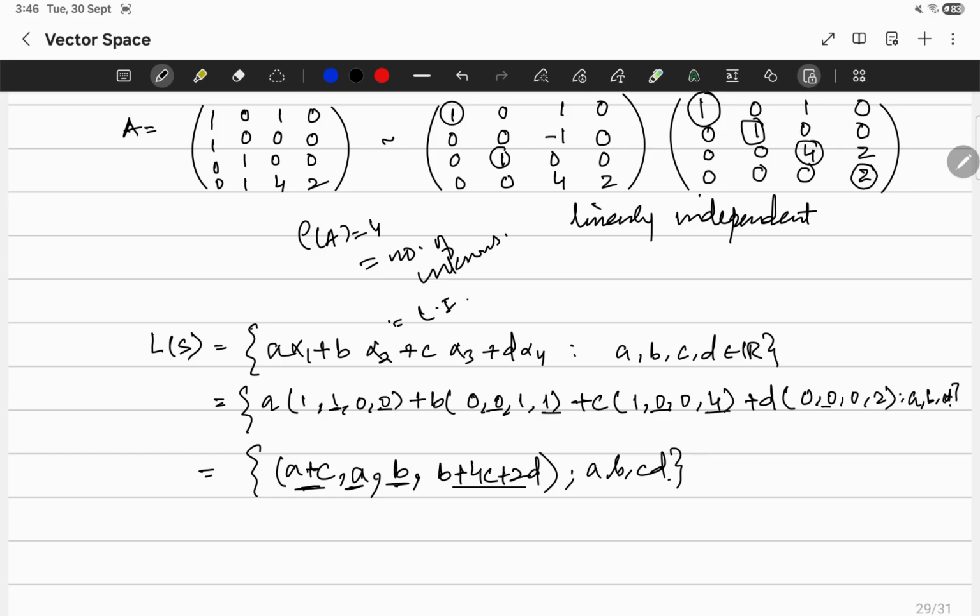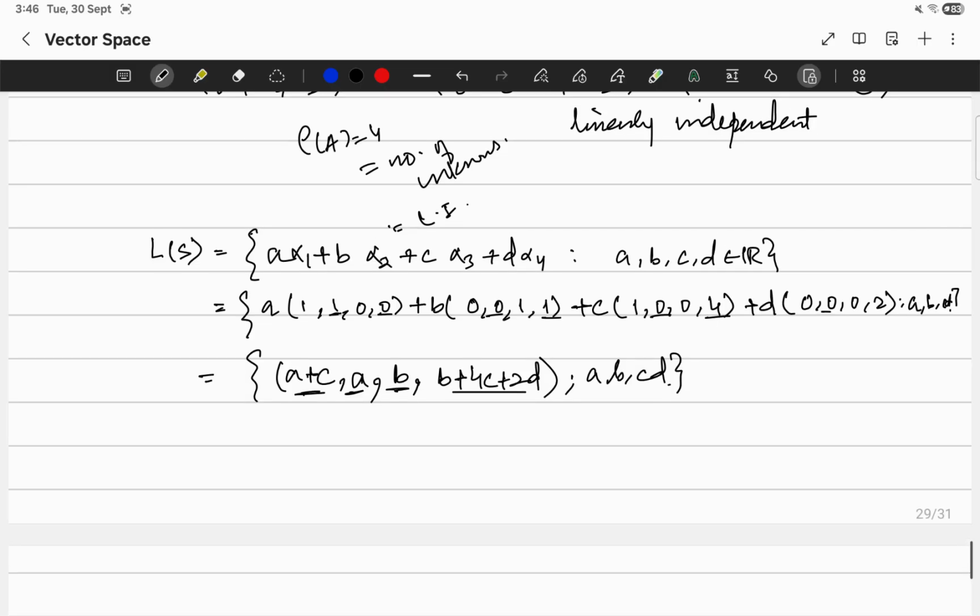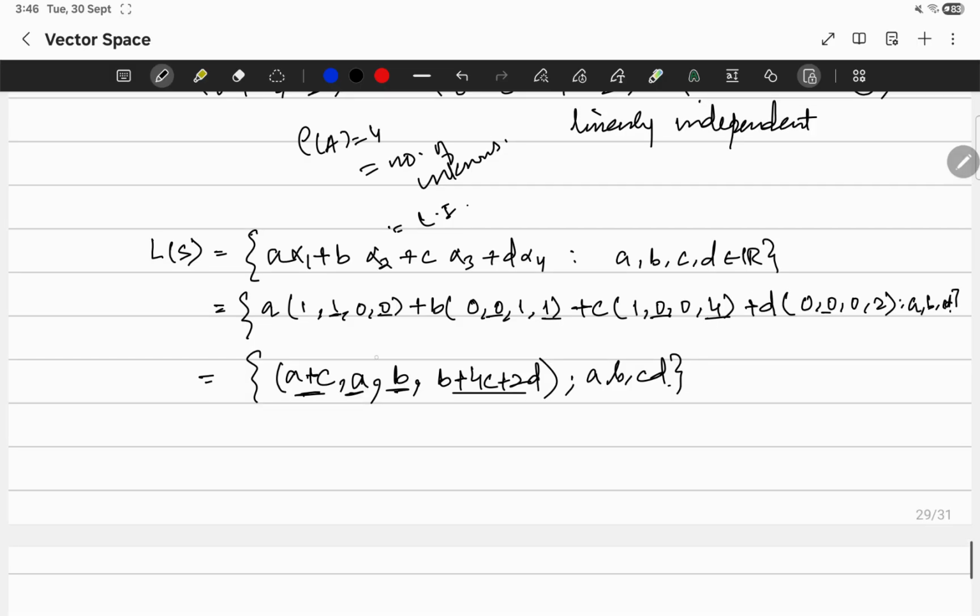So here you can check that this has the dimension 4 because all are linearly independent. So it means that the dimension of the linear span of S is equal to 4, that is the dimension of R4. It means that S is the basis. Even if you have to find whether it is linearly independent or not, you have to check the coefficients or have the unique solution.